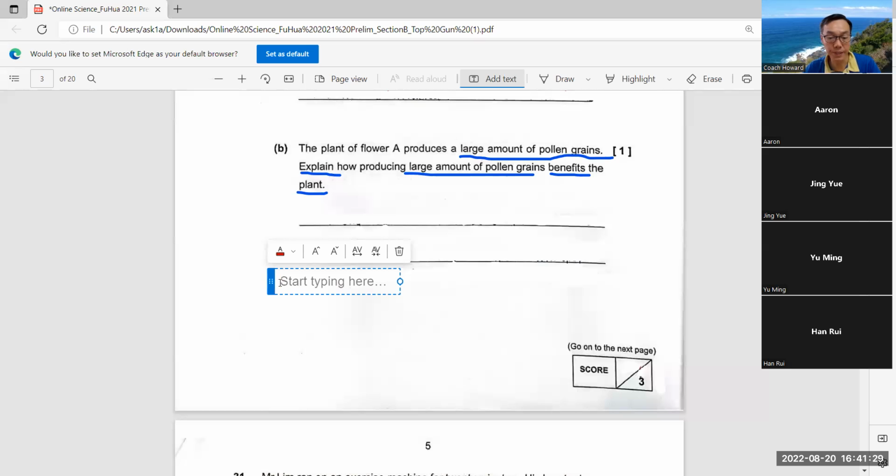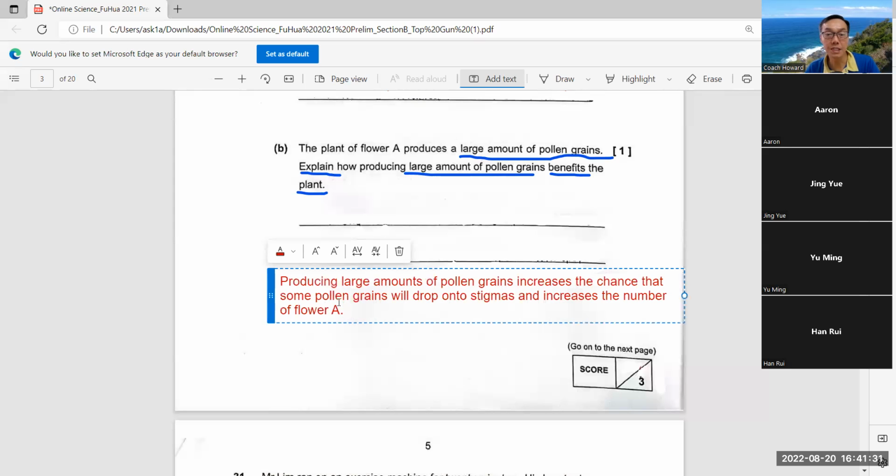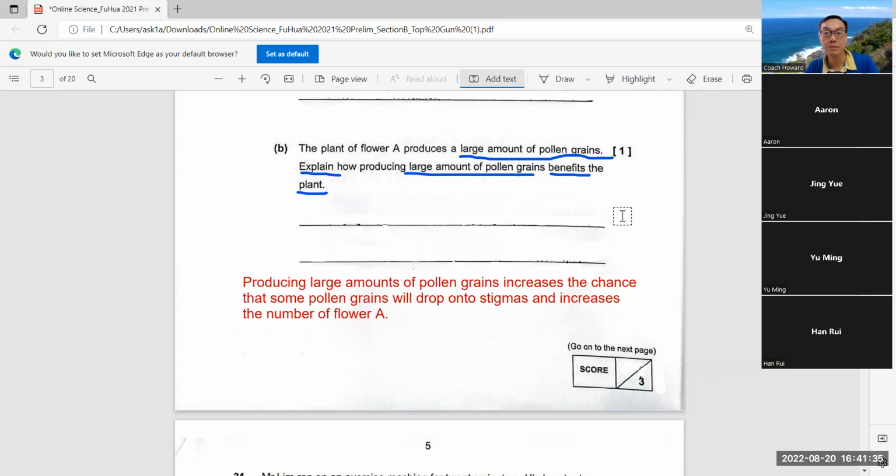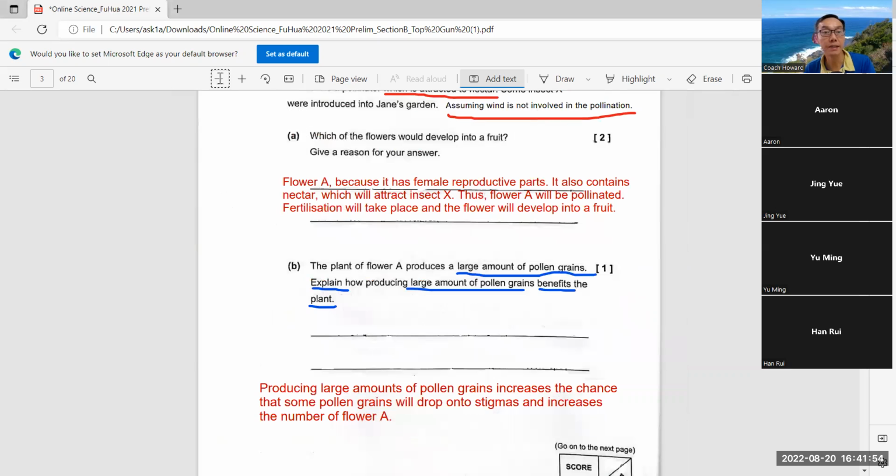So I put it here. Producing a large amount of pollen grains increases the chances that some pollen grains will land on the stigma and increase the number of flower A. So this is the purpose. Okay, so far so good, everyone, this part?